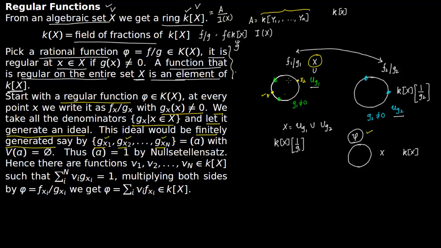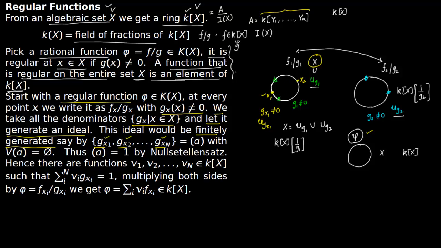For example, if you have g1 not 0, so you have a point x1. Then you take g of x1 not 0. This will define a set U_gx1. So this open set forms part of the cover of X.